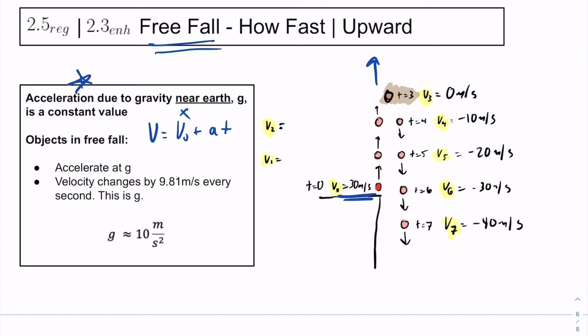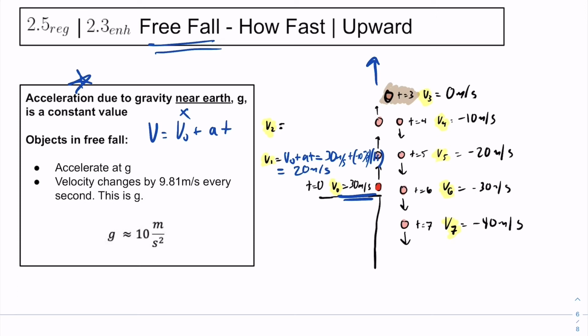Well, we would have our initial velocity plus our acceleration times time. That would be 30 meters per second plus negative 10 meters per second squared times our time, 1 second. All right, that gives us 20 meters per second. So it's the same thing.